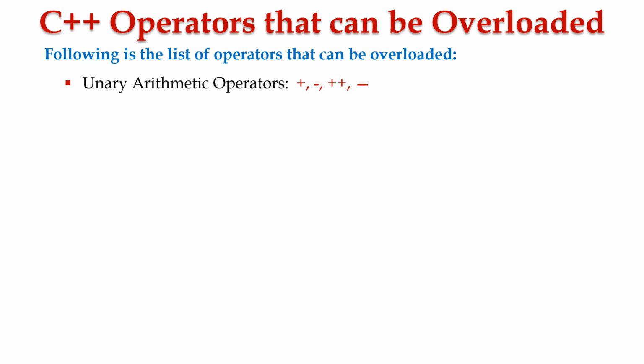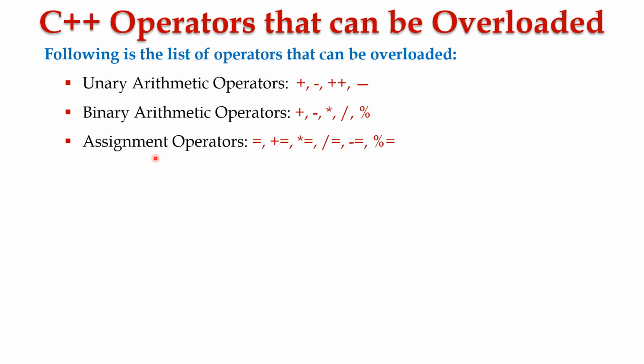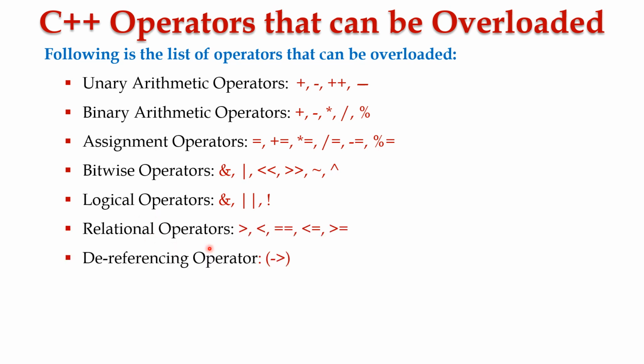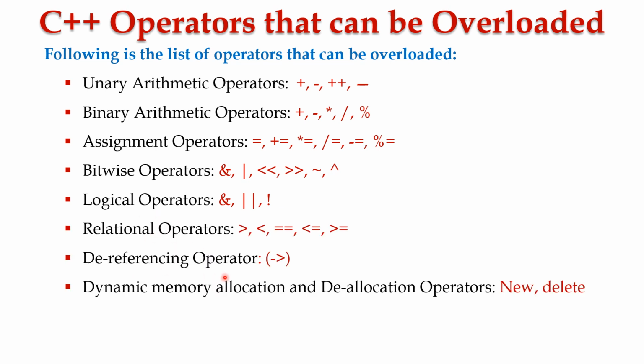The list of operators that can be overloaded in C++ programming are unary arithmetic operators, binary arithmetic operators, assignment operators, bitwise operators, logical operators, relational operators, dereferencing operators, dynamic memory allocation and deallocation operators, subscript operators, and function call.